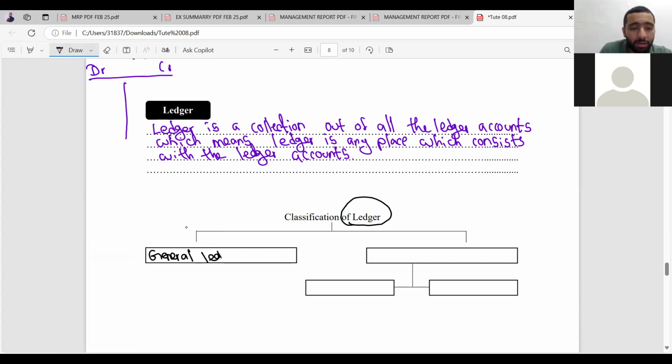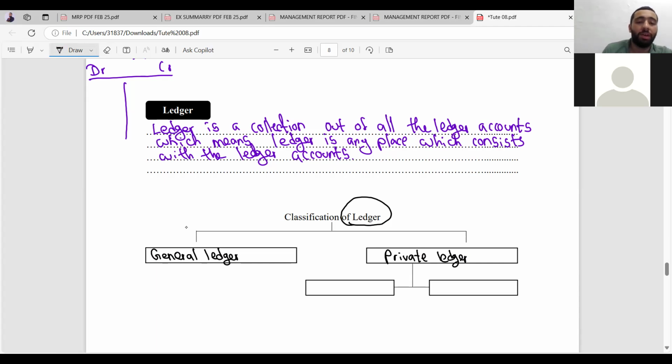Number one is general ledger. The next one is private ledger.